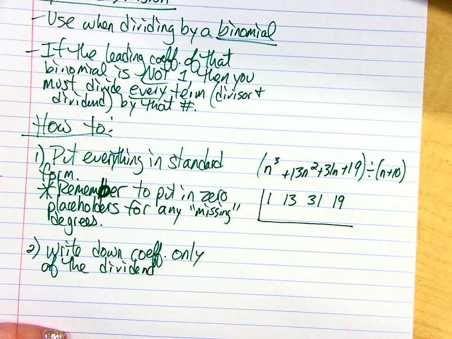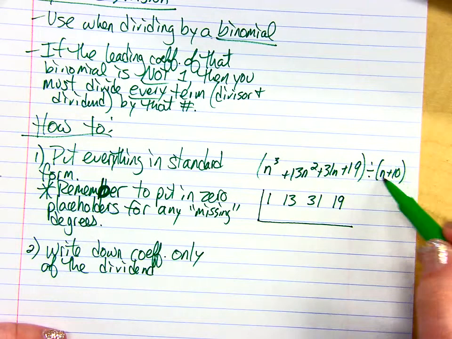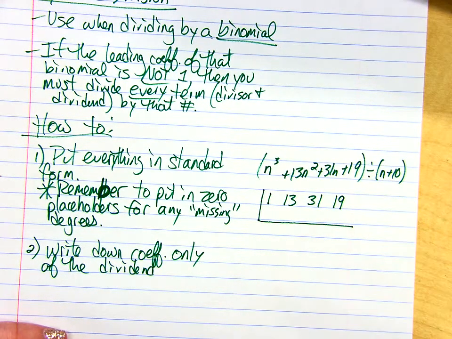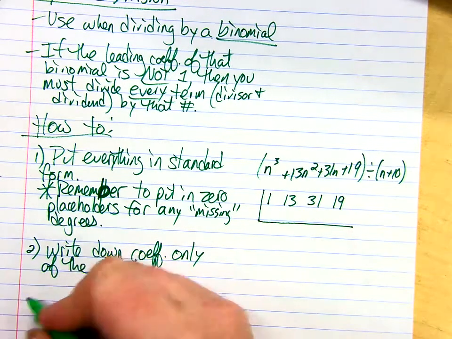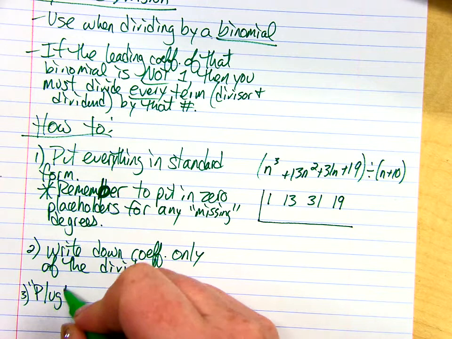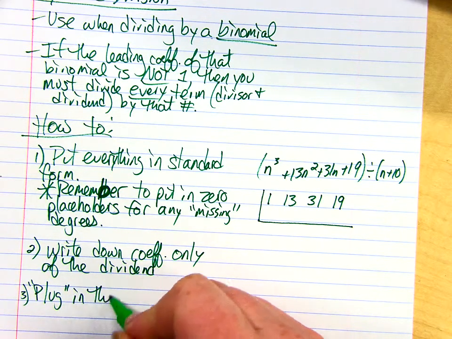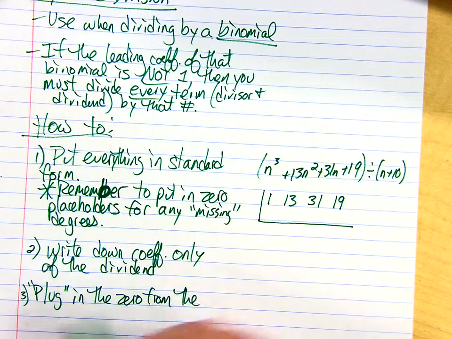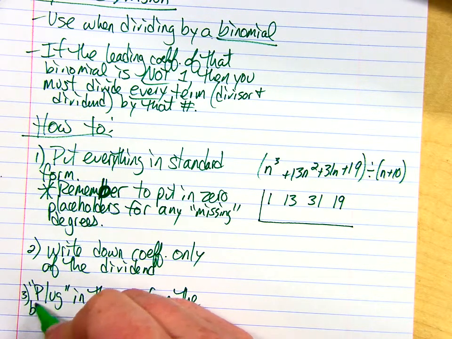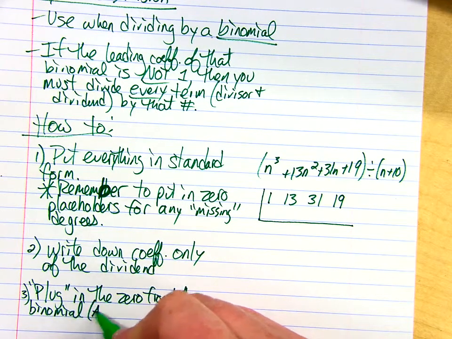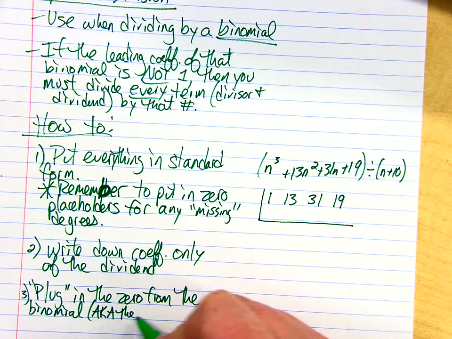And now, the number that I'm going to plug in, remember, I want the solution from that factor. So in other words, it's always the opposite of that number right there. So in this case, it would be -10. So that's step 3: you're going to plug in the 0 from the factor, from the binomial, AKA the opposite of the number you see.